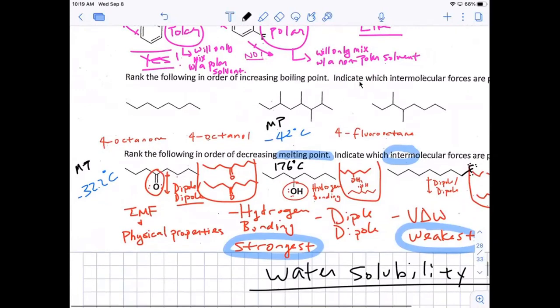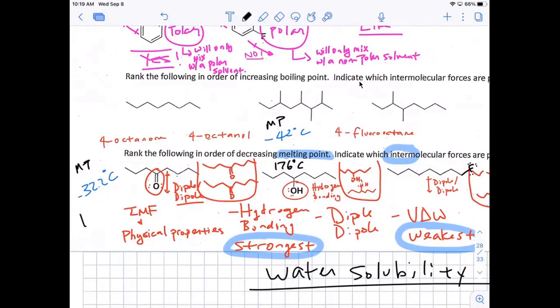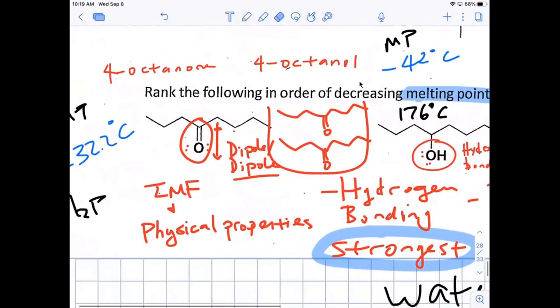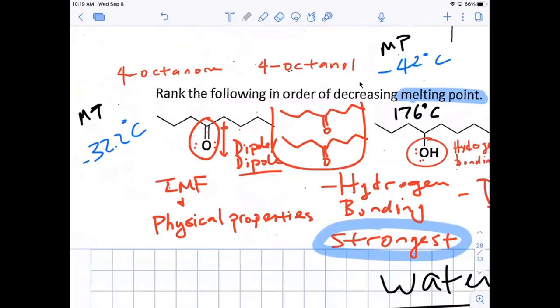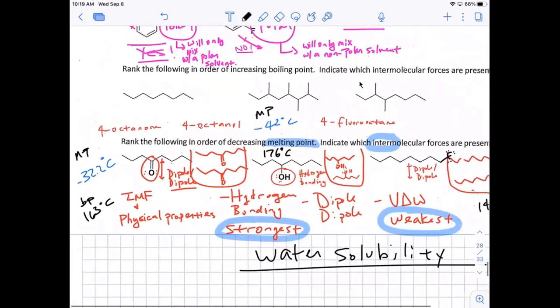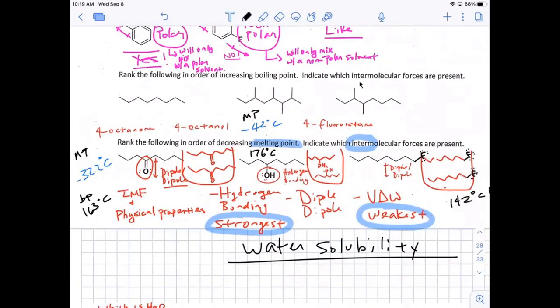And then what about the boiling point for the ketone? It was 163 degrees Celsius. All right, so when you compare that, you can see a huge difference, right? This is a better comparison just because these are all liquids.